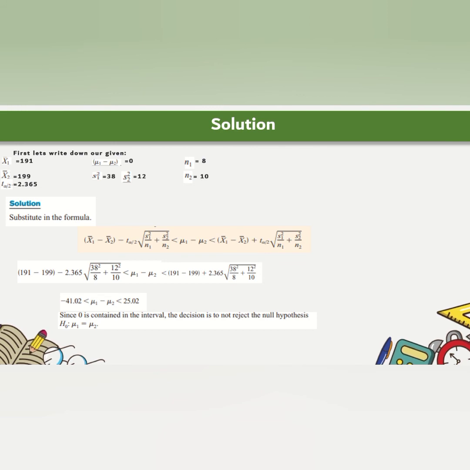And since 0 is contained in the interval, the decision is to not reject the null hypothesis. Population mean 1 is equal to population mean 2.